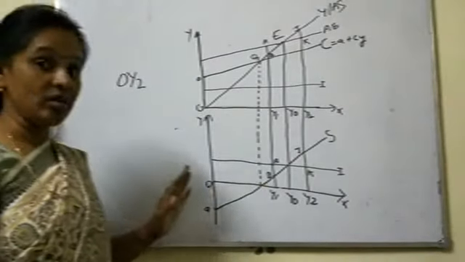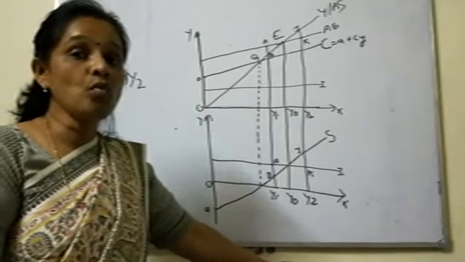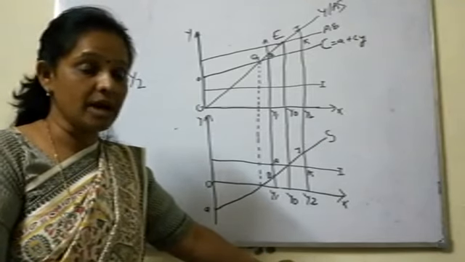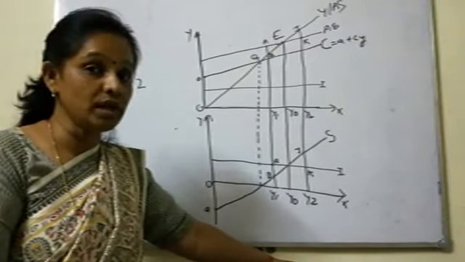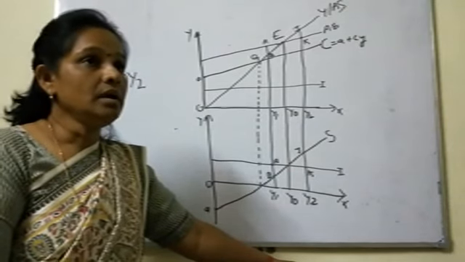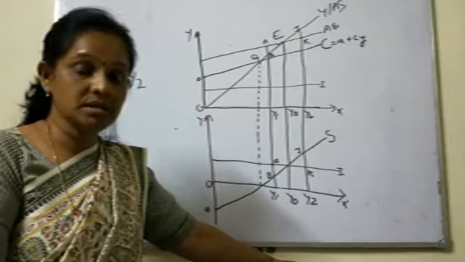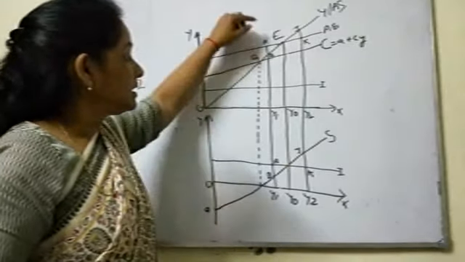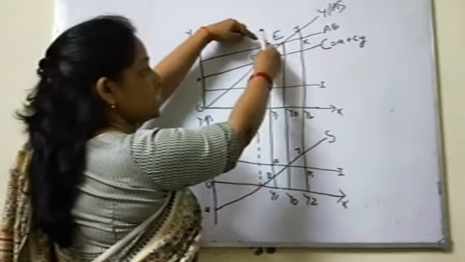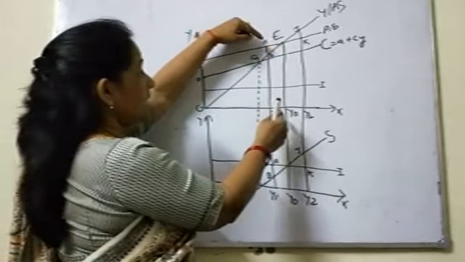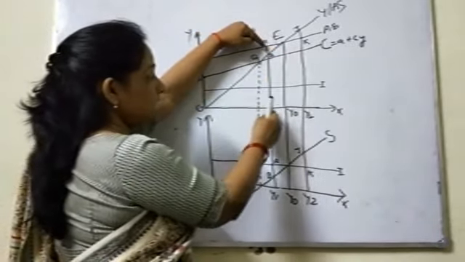Full stop. Then write, at OY2 level of income, aggregate demand is... see, it is touching aggregate demand here at OY1. Aggregate demand starts from A and goes till Y1.